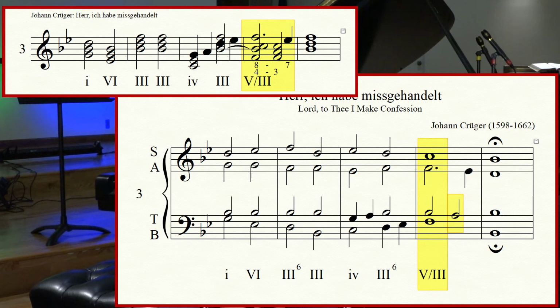And if we were to go to the next measure, the last measure there, he resolves everything to B flat.